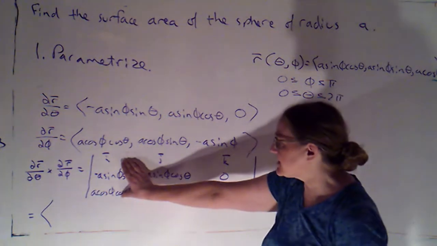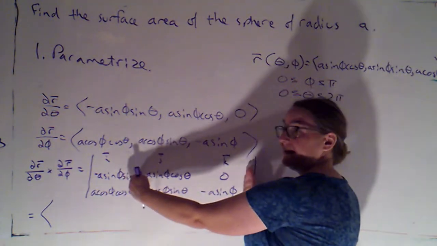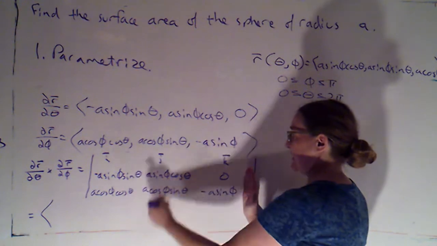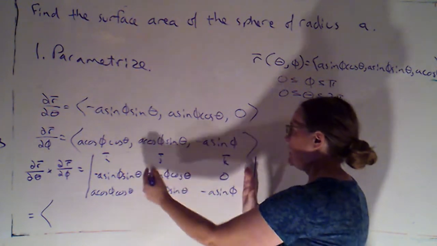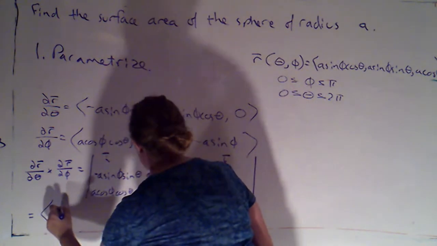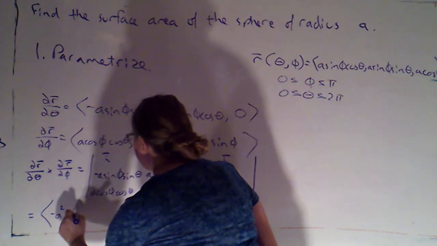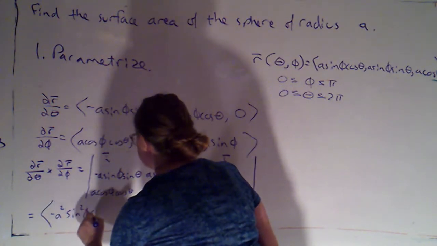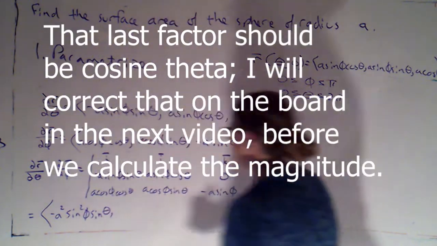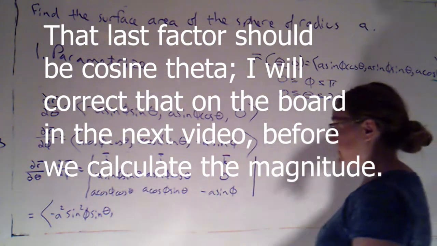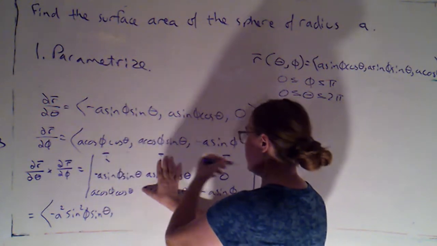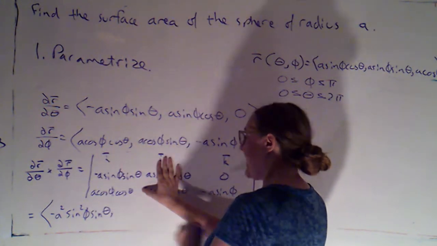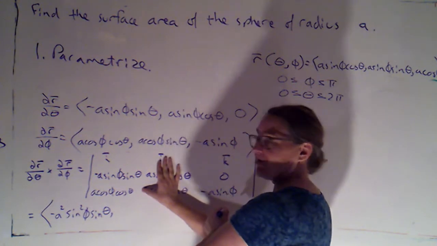Okay, so if I write out what I'm going to get here, for the i's, for the first component, I'm getting this 2 by 2 determinant. So it's going to be this diagonal product minus nothing. So I'm going to get negative a squared sine squared phi cosine theta. For the j's, I'm getting the opposite of this 2 by 2, so I'll do it backwards. So I'm getting nothing minus this diagonal product.